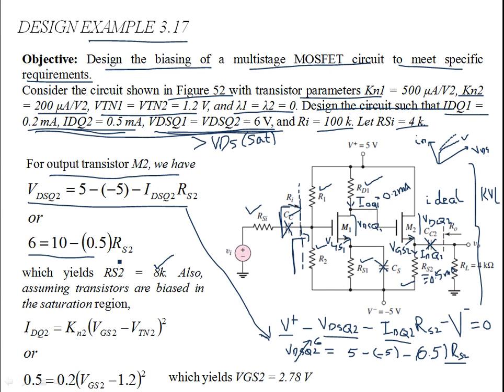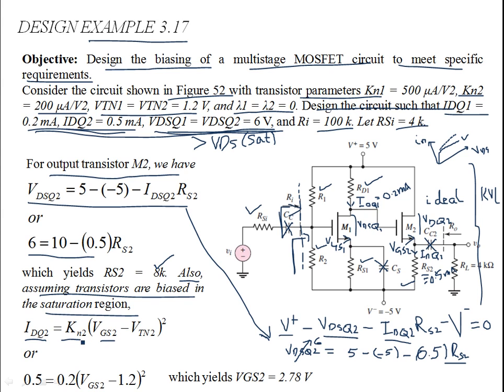Now we have RS2, and for amplification, we have to bias the transistor in the active or saturation region. So let's assume the transistors are biased in the saturation region. Let's use the current. You see over here, the dependence of IDQ2 is not on VDS. It is determined by VGS2, which is the only unknown.